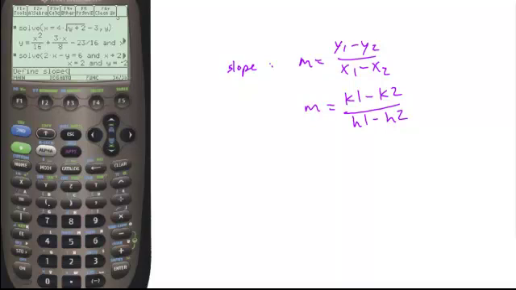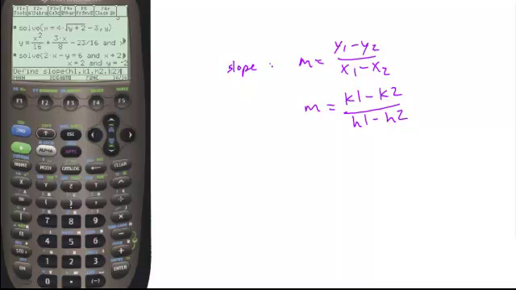So I'm going to input this as h1, comma, k1. There's my first ordered pair, and then comma h2, comma k2. There's my second ordered pair. So all I'm doing is telling the calculator I'm going to order the entries as x coordinate, y coordinate, followed by the next x coordinate and its y coordinate. So it's just going to be a list of 4 numbers.